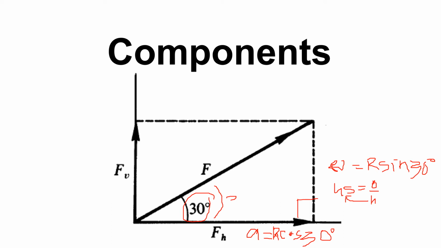So those are the two vector components of vector F, where the horizontal component Fh is equal to F cosine 30 and the vertical component Fv is equal to F sine 30.